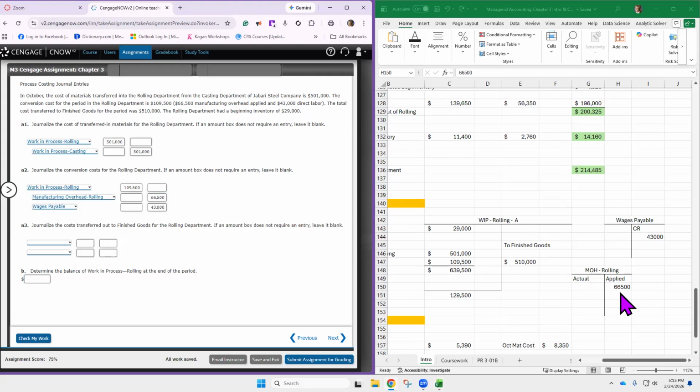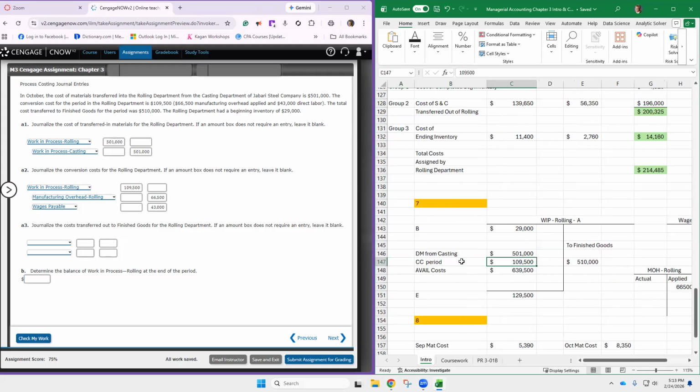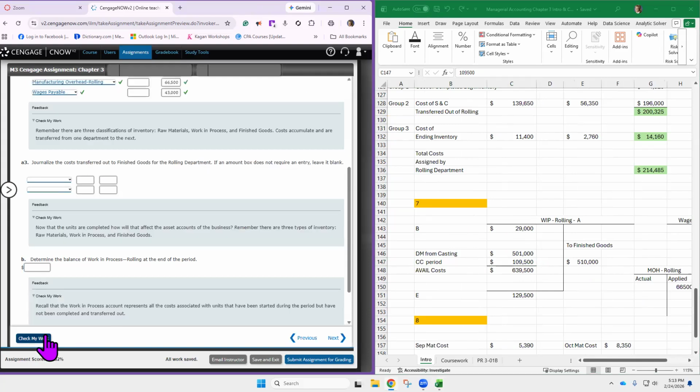Okay, so just like we have been talking about, we're applying it. Okay, 66,500. It comes out. It's credited to the manufacturing overhead, and these two added together are going in the work in process. All right, so I think we should be okay.